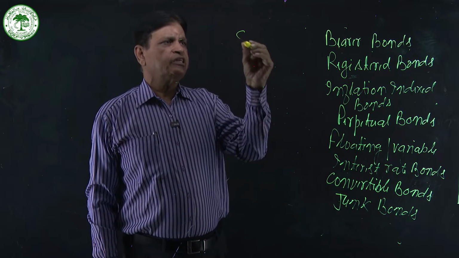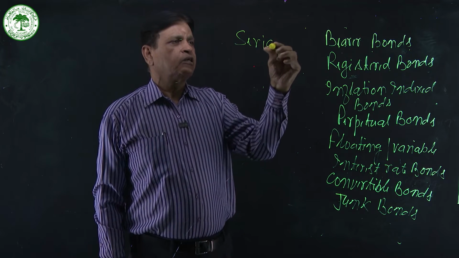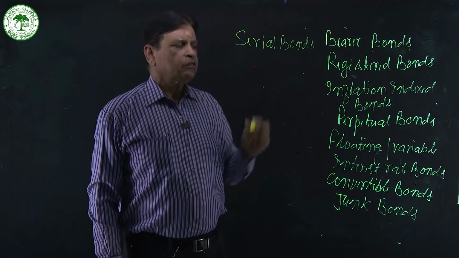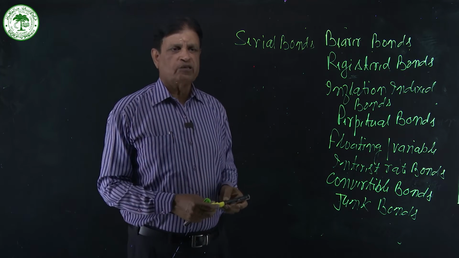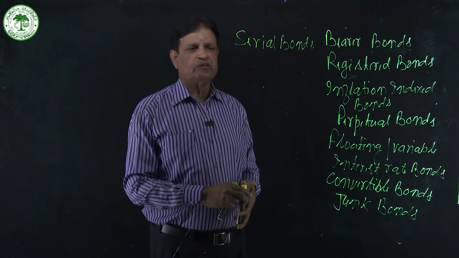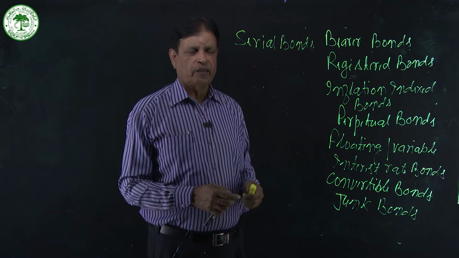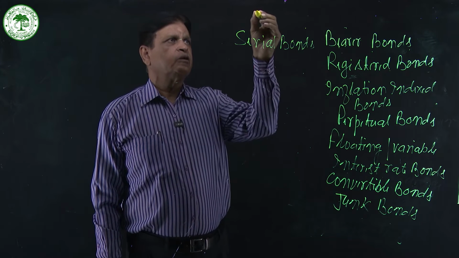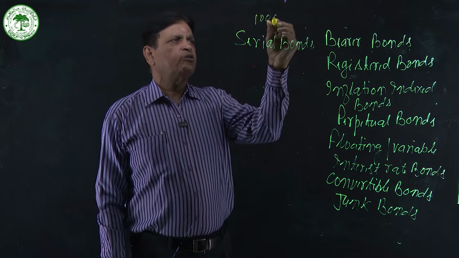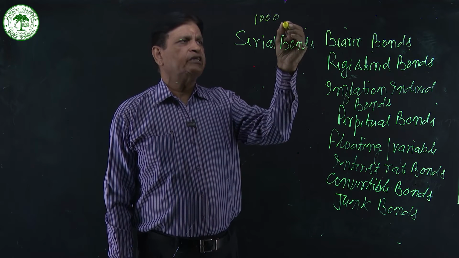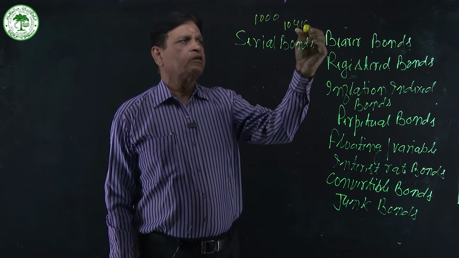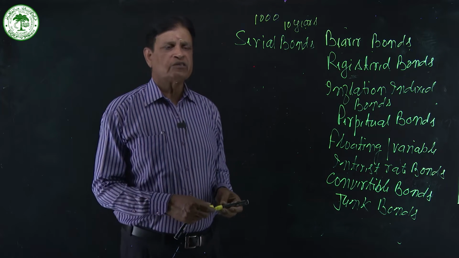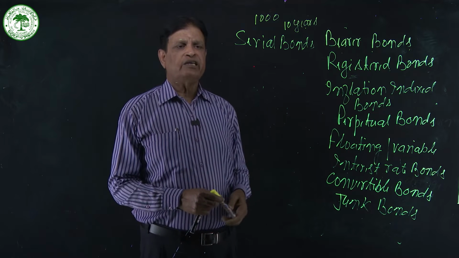We have serial bond. Serial bonds are those bonds where the principal amount is paid in installments. That is, suppose there is a bond of rupees 1000 and the period is 10 years, then 100 rupees of this will be paid every year.